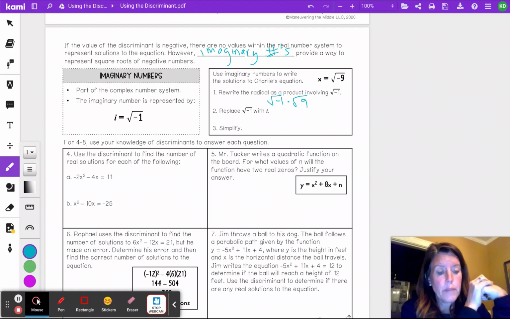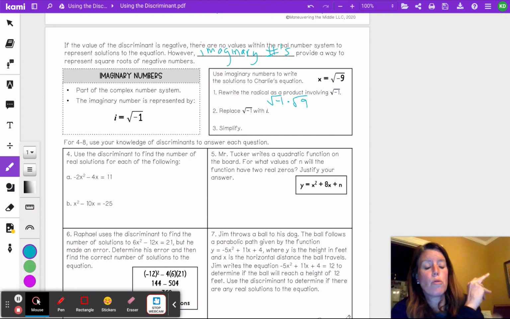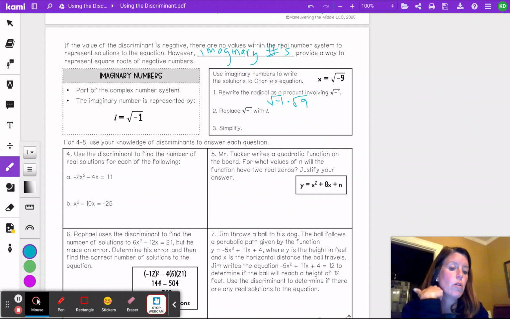Square root of 9, that's a perfect square. So we can now take out, so we've got 3, which is the square root of 9. We can rewrite that square root of -1 and replace it with that lowercase italic i. So that would be 3i.